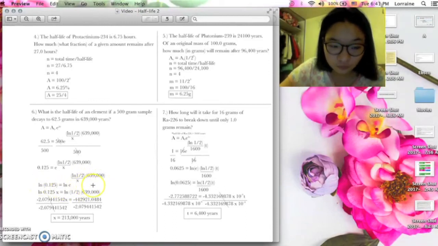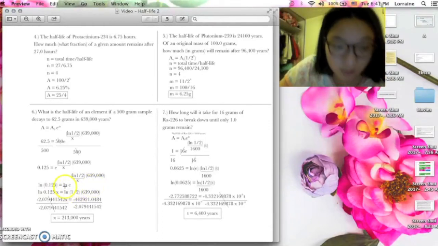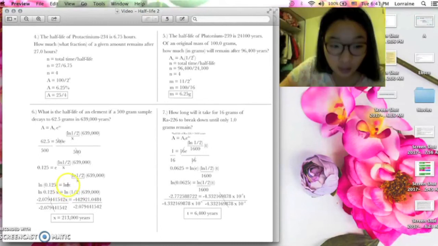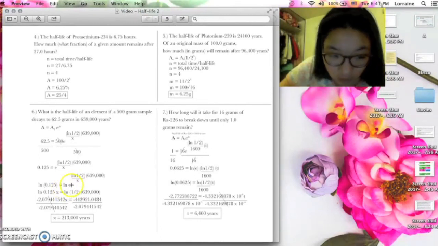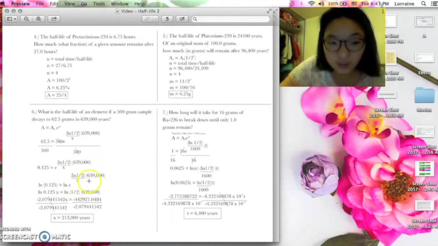So once again, for it to be easier for us to solve, we cancel ln of e, since ln of e is equal to 1. Or if not, we can solve e to the exponent of ln of 1/2 over x times 639,000, and we get this one. But I think it's going to be easier for us if we cancel ln of e.